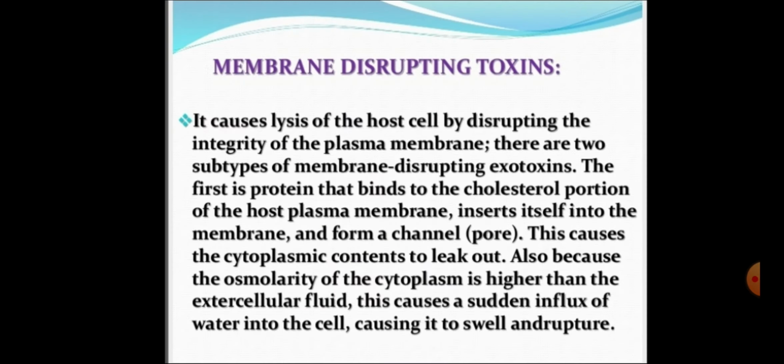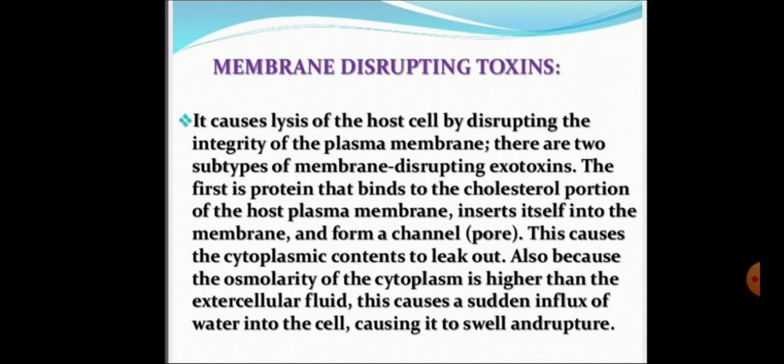Now, membrane disrupting toxins. They cause lysis of the host cell by disrupting the integrity of the plasma membrane. There are two mechanisms. The first is a protein that binds to the cholesterol portion of the host plasma membrane, inserts itself into the membrane and forms a channel.